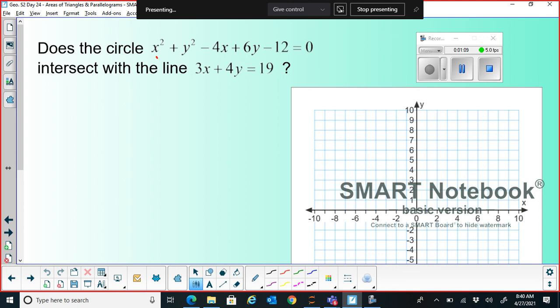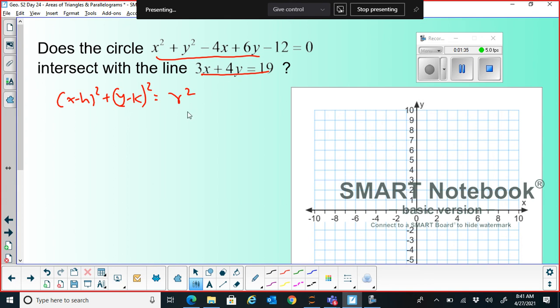We have to convert this to x minus h whole square plus y minus k whole square equals r square. I have to get it in this form and construct that circle, and then construct this line. You know how to construct a line, you have seen it in your algebra classes, and see whether this line intersects the circle.